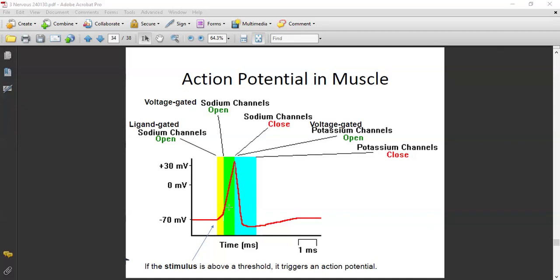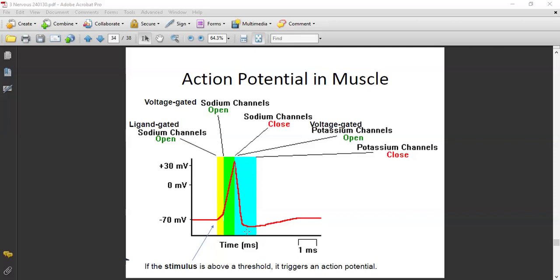So here, a good review of our action potential. You have to stimulate it above the threshold. Then you have the depolarization. Depolarization is contributed by voltage-gated sodium channels opening.